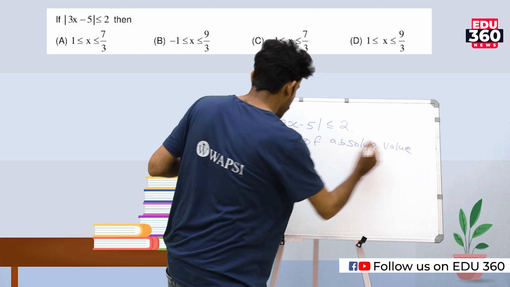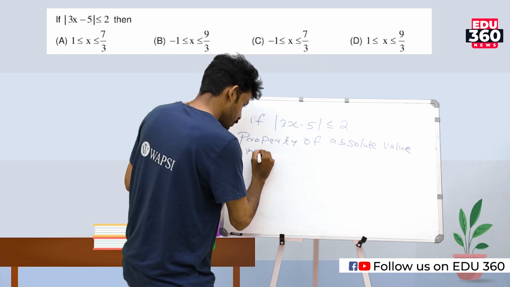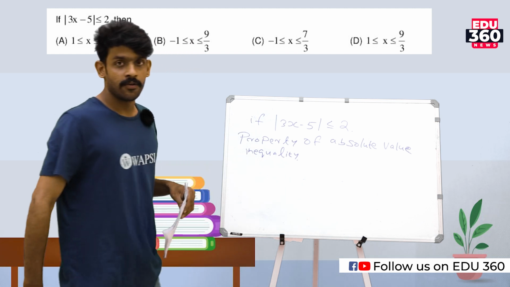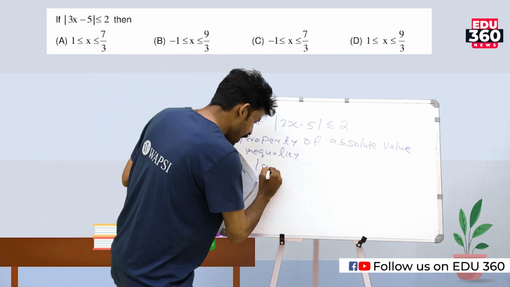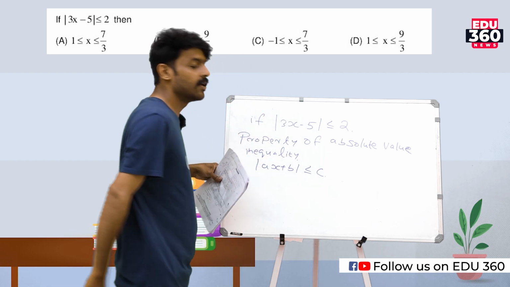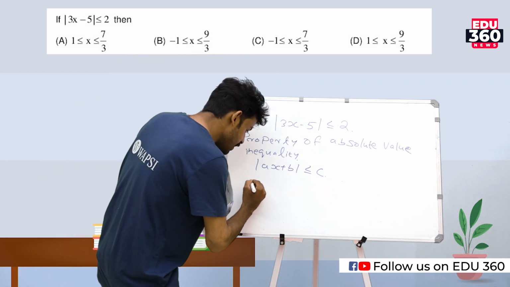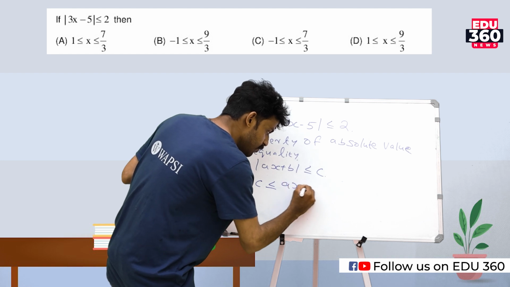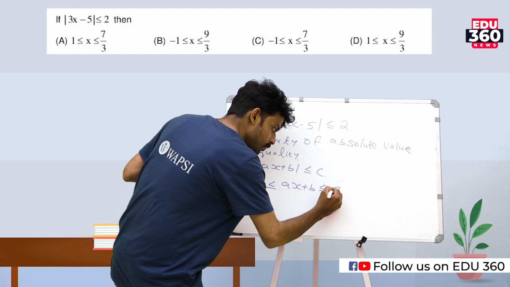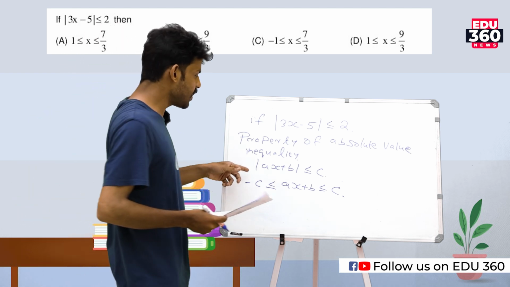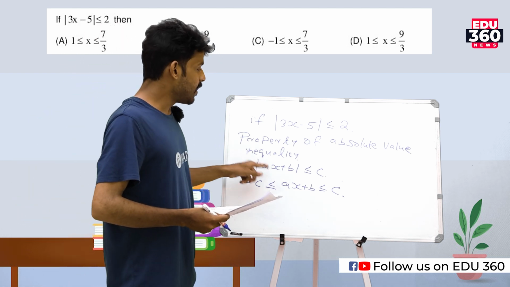We can write mod of ax plus b less than or equal to c. So that means minus c less than or equal to ax plus b less than or equal to c.